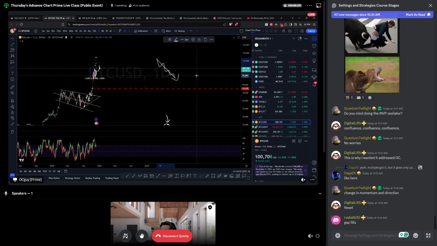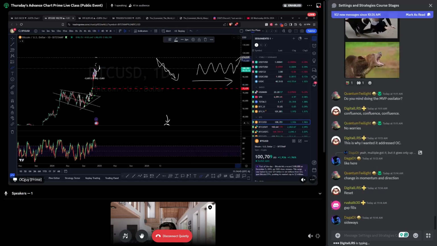Correction in time means that the price is not going anywhere, but the time is ticking, and then we either explode to the upside or explode to the downside, right? Exactly, so sideways. So this is correction in time. Sorry, correction in price. This is correction in time.